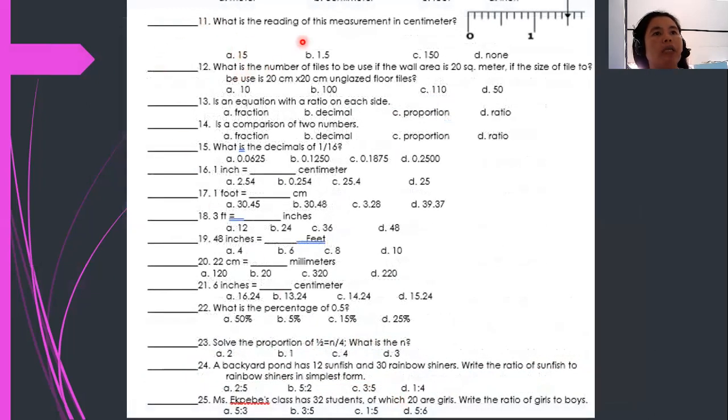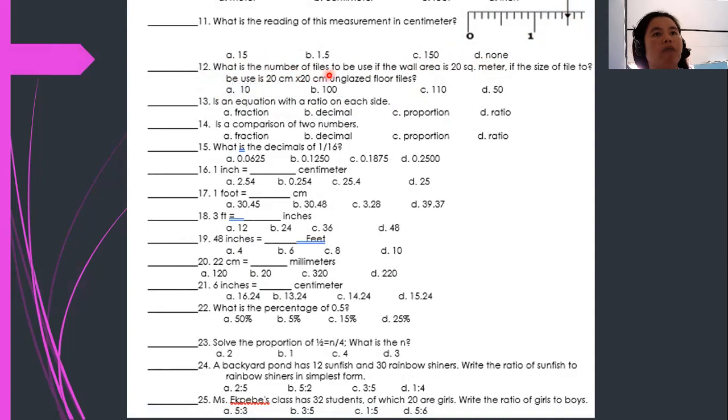11. What is the reading of this measurement in centimeters? So look at this arrow. What is the reading of this in centimeters? A, 15. B, 1.5. C, 150. D, none. 12.